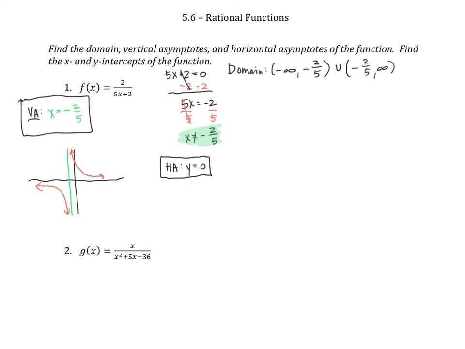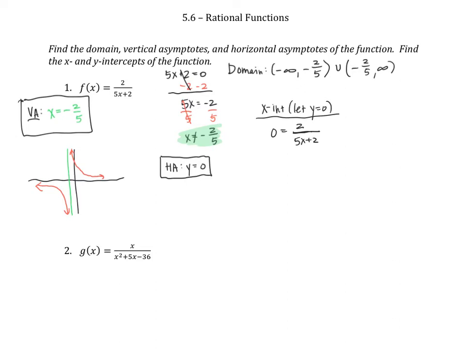All right, x and y intercepts. So now we're going to find those. So the x-intercept, we're going to let y be 0. Remember, y is f of x. So we're saying this fraction is 0. Okay, the only time a fraction is 0 is if the numerator is 0.